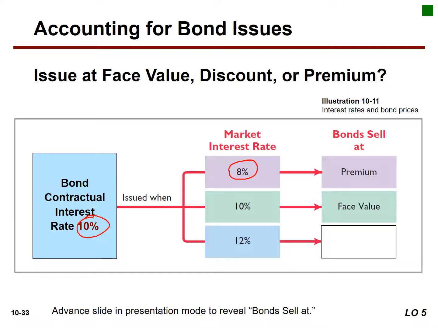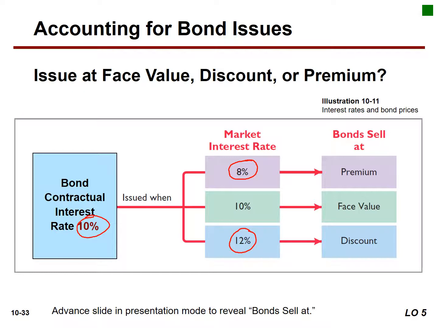But this third item here, if market interest rates have gone up, now currently investors are demanding 12%, and my bond is only paying 10%. That's not going to be a very attractive investment for an investor. So in order for the bonds to be sold, I'm going to have to offer these at a discount.